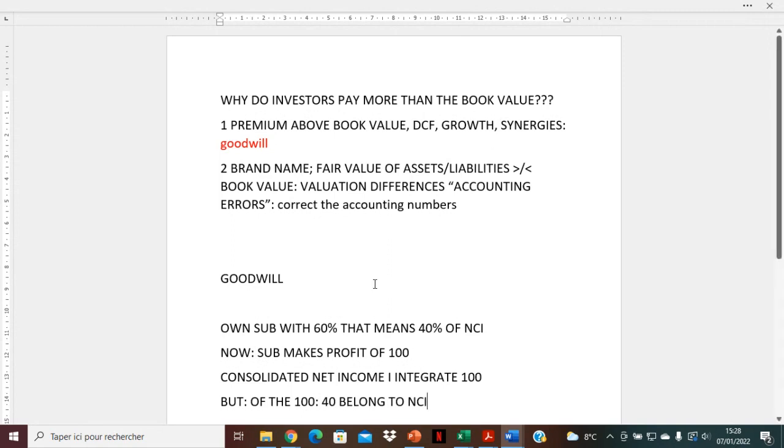So I show the total consolidated profit, including the 100. But then I show you which part of the total consolidated profit does not belong to you, but belongs to NCI. And I show this on a separate line. That would be the 40.